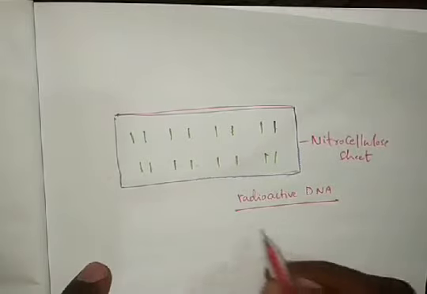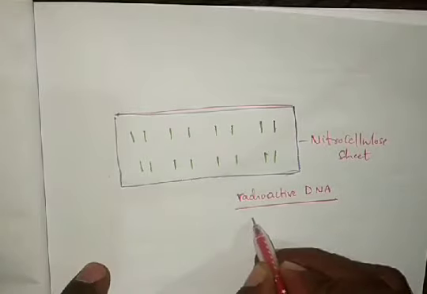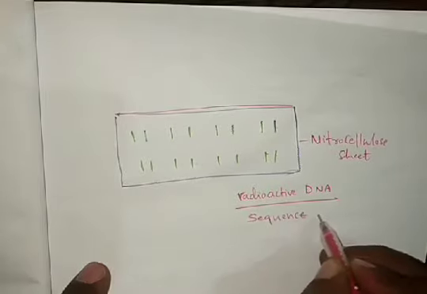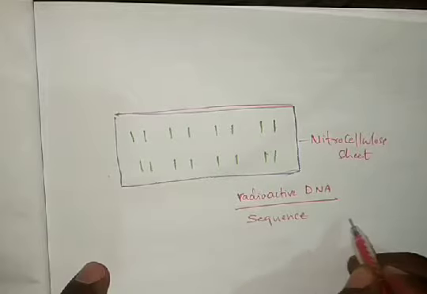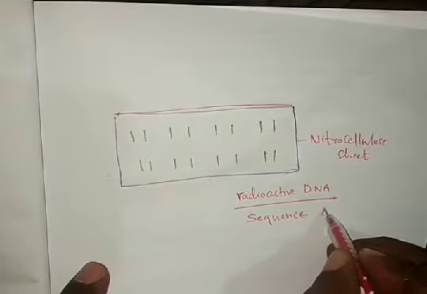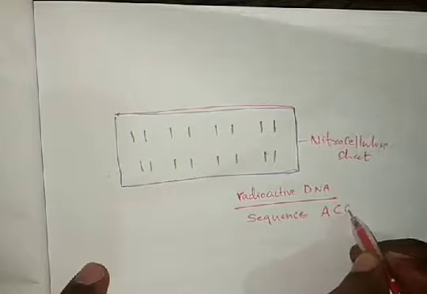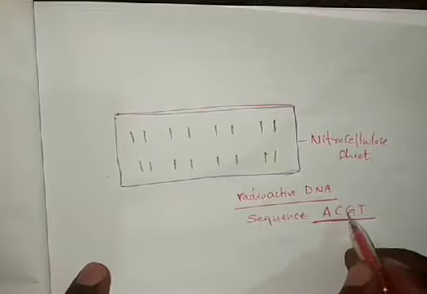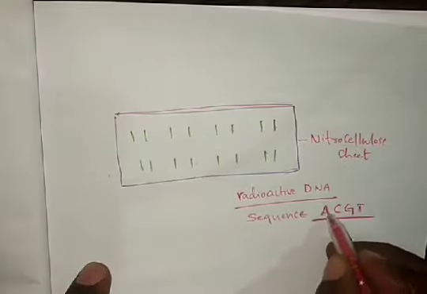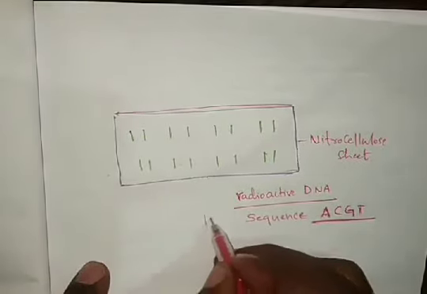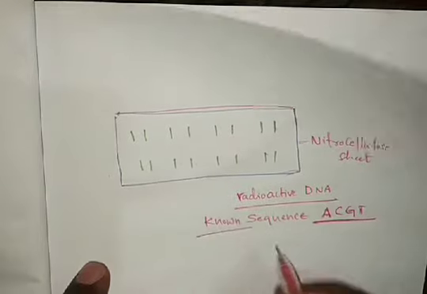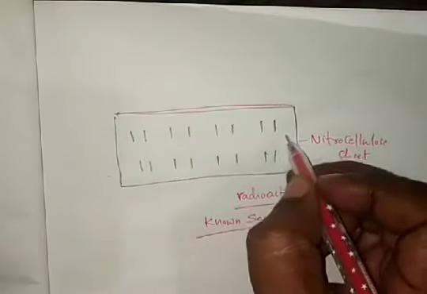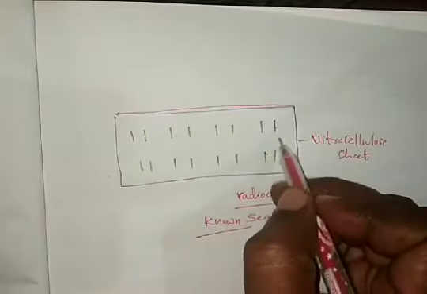The nitrogen base sequence of this radioactive DNA is known. For example, the radioactive DNA sequence is ACGT. Now this known sequence of radioactive DNA is introduced onto the nitrocellulose sheet.